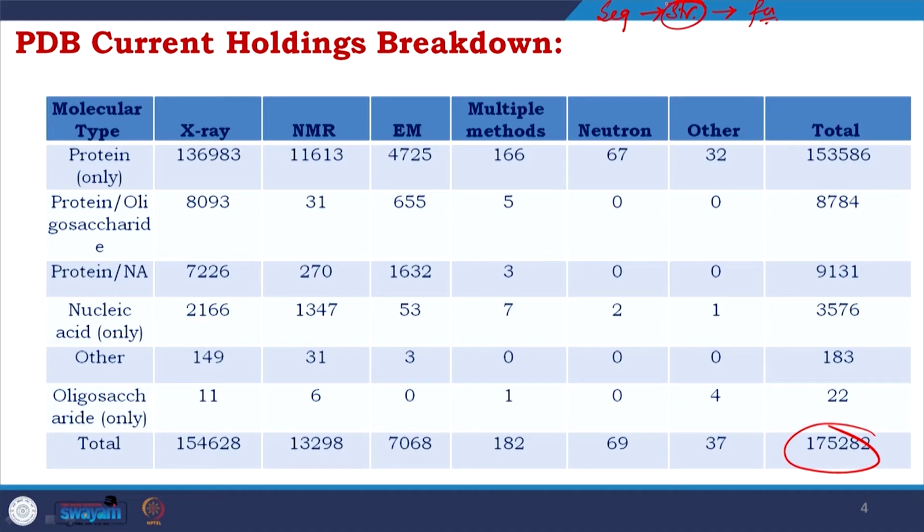So, when we see here 1,53,586 proteins, only protein, do the structural entries of 1,53,586 proteins represent that many proteins?